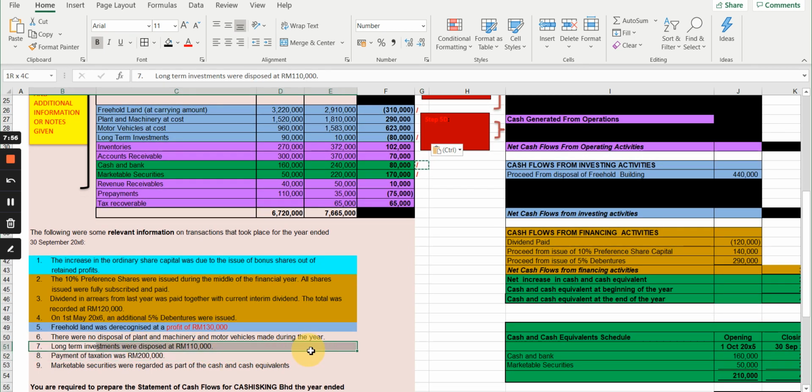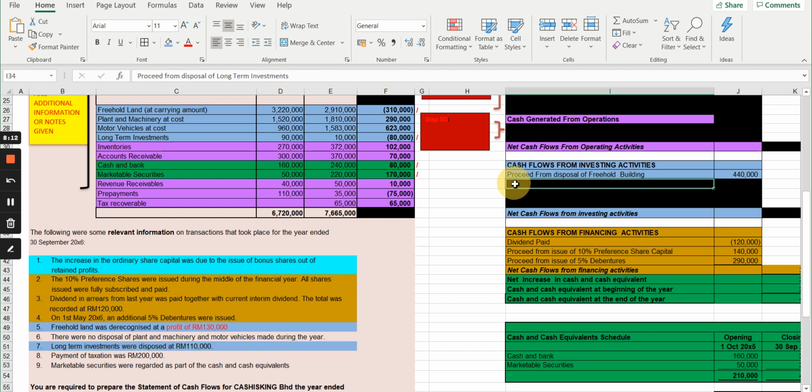You have this to confirm the analysis that you made, which is it was disposed at 110. So the figure 110,000 straight away gives you the cash receipts from the disposal.